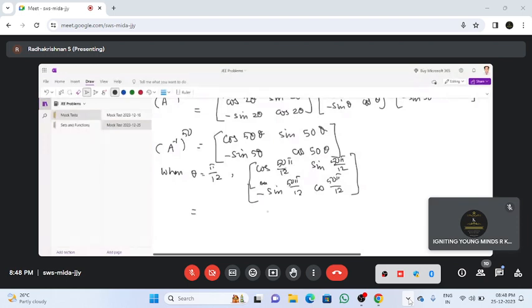So we can simply put it as pi by 6. So what is cos pi by 6? Root 3 by 2. Cos 30 degree, right?